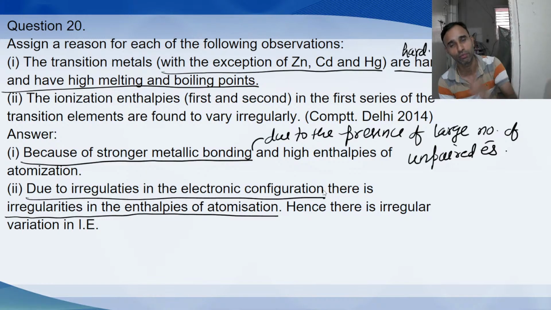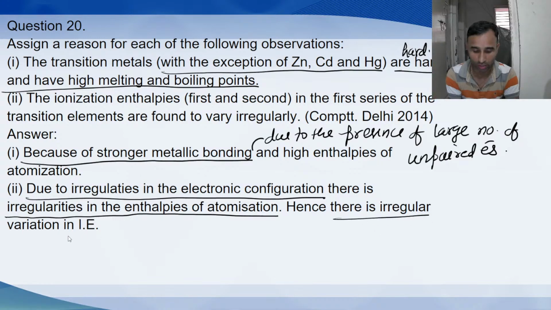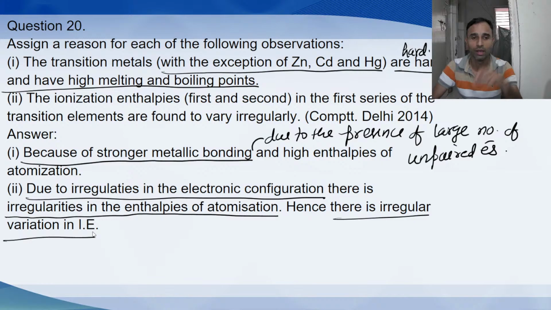Exactly half filled, fully filled, these configurations are there, and that's why there is irregularity in the ionization enthalpies. Due to irregularities in the electronic configuration, there are irregularities in the enthalpies of atomization, and hence there is irregularity in the ionization enthalpies. That's it.